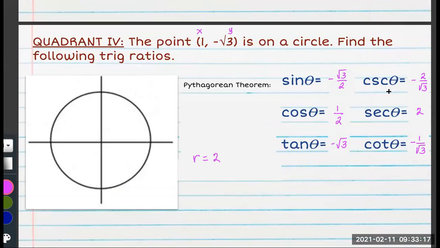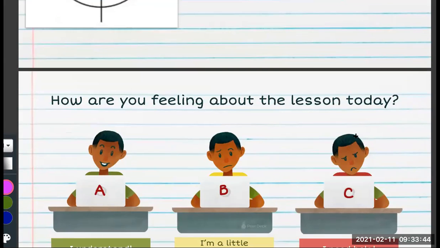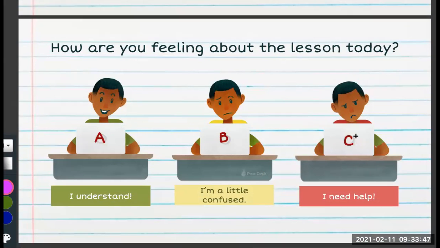If you're answering B's or C's for this one, what I will do is prepare a Desmos self-checking activity for this one so you can review. That would not be graded. That is if you are telling me that you still need some help with this, or you're still a little bit confused. I will design a Desmos activity so you can self-check, okay?